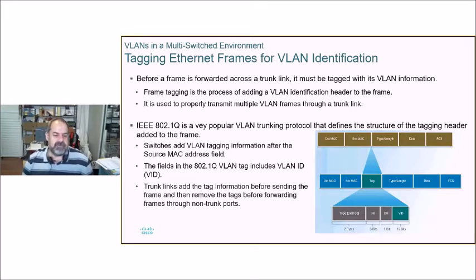Switches add VLAN tagging information after the source MAC address field. The fields in the 802.1Q VLAN tag include the VLAN ID, and that's the one we care about. The trunk links add the tag information before sending the frame and then remove the tags before forwarding frames through non-trunk ports.